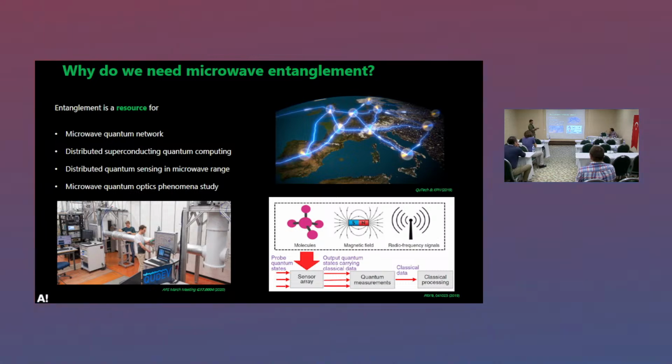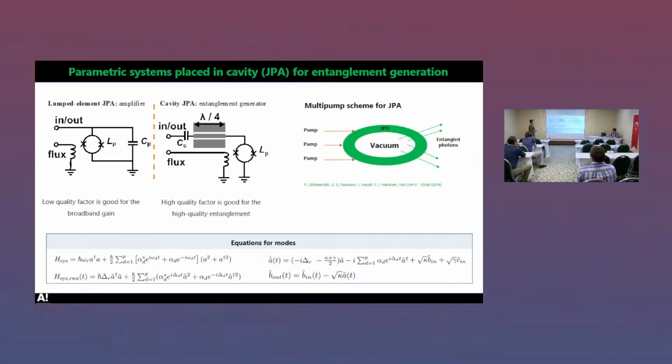In a distributed quantum computing platform, multipartite entanglement can be used. It can also be used in distributed quantum sensing, where we have different microwave probes, and the signal-to-noise ratio can potentially be improved once these microwaves are entangled and not just separable states. And plenty of quantum optics phenomena can be studied using these microwaves, so it's a really nice platform with many applications.